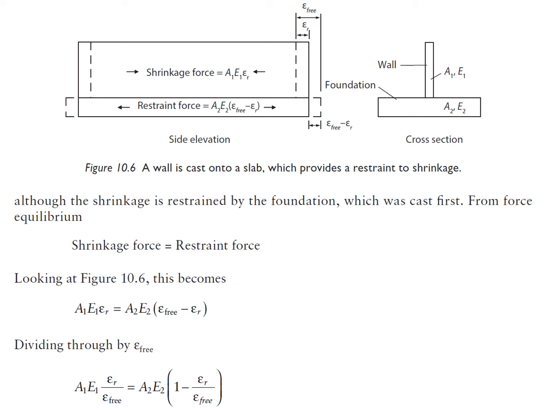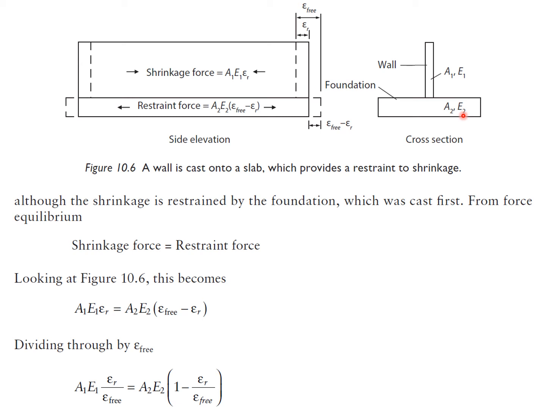So in figure 10.6 we can see a wall here that is cast onto a slab. The slab was cast first, so it has a different value of Young's modulus, because Young's modulus changes with time.